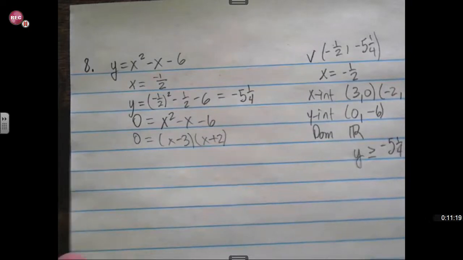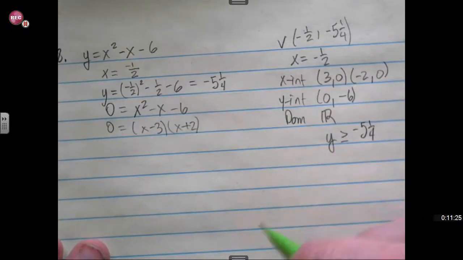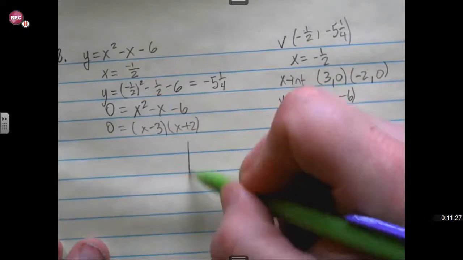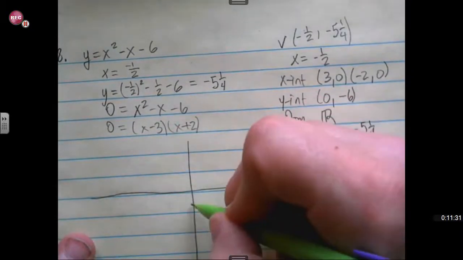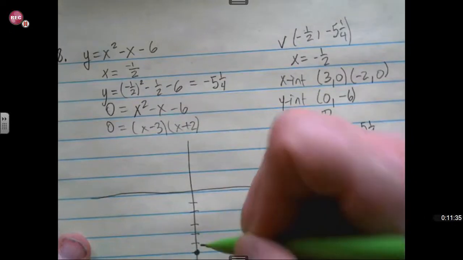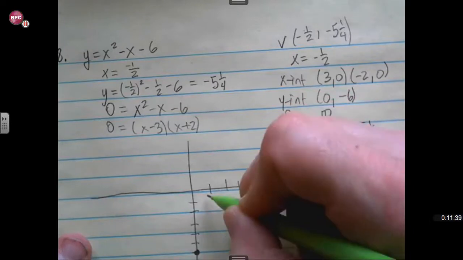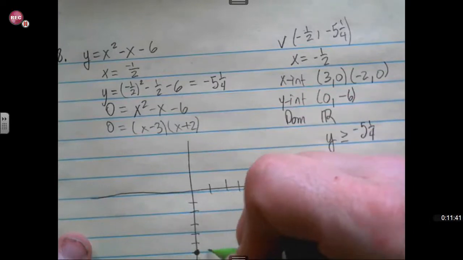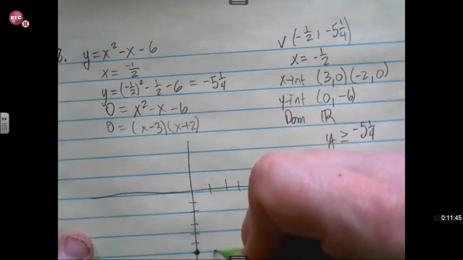And then we would need to graph it. So you're estimating where that vertex is, but you can graph it more from the y-intercept. Your y-intercept was at 0, -6 right here, and then this would have a mirror point right here.